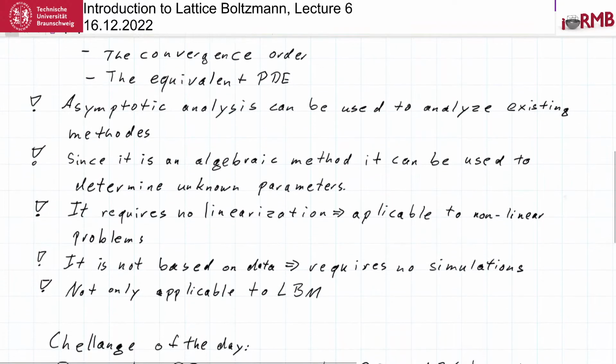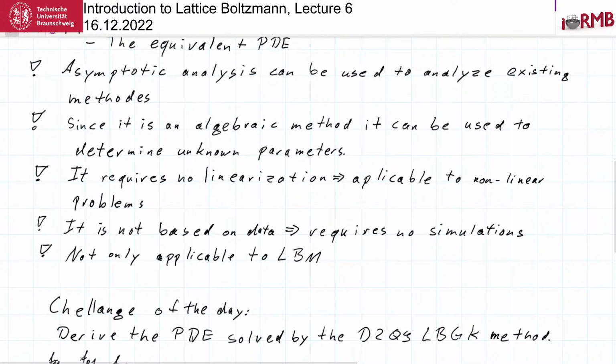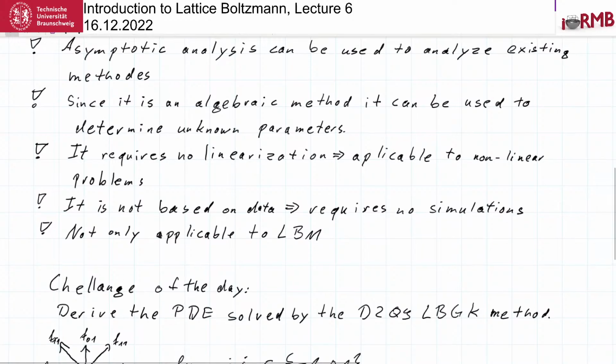It is an algebraic method. It does not require any data. We don't do simulations and analyze the simulations. We just analyze the model itself.